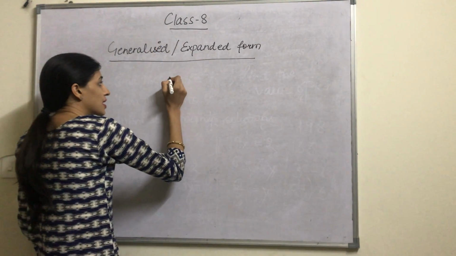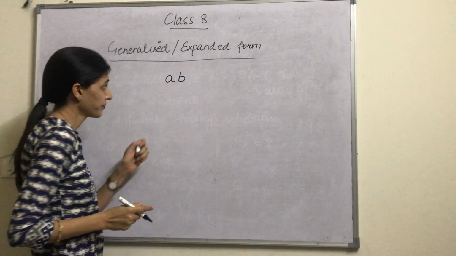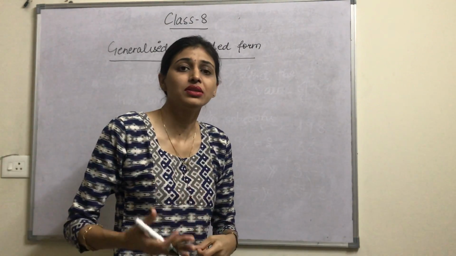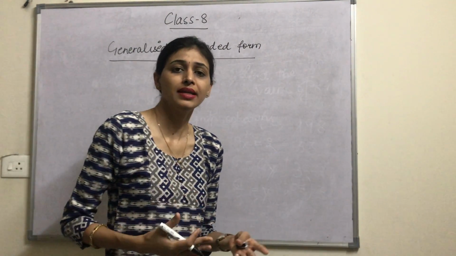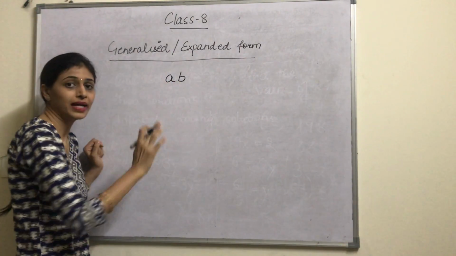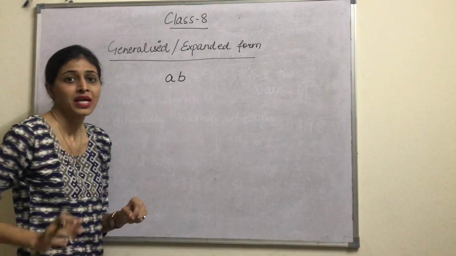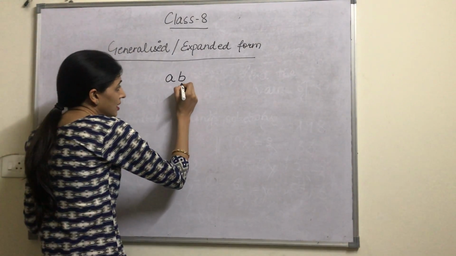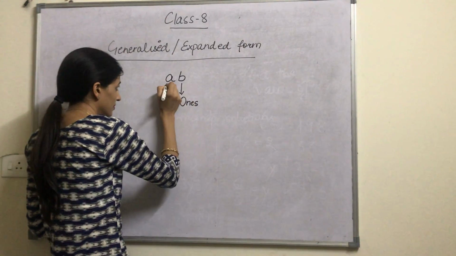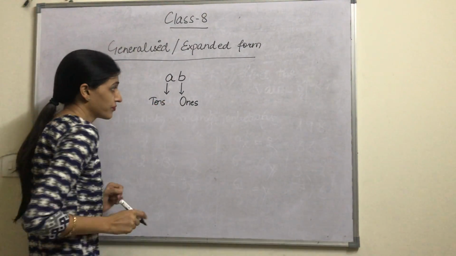Suppose a number is a two-digit number, A, B. 53 is a two-digit number, 63, 84, 99, any number you can take. I am taking the generalized form, that it can be any two-digit number, A, B. Now, you know this is the ones place and this is the tens place.